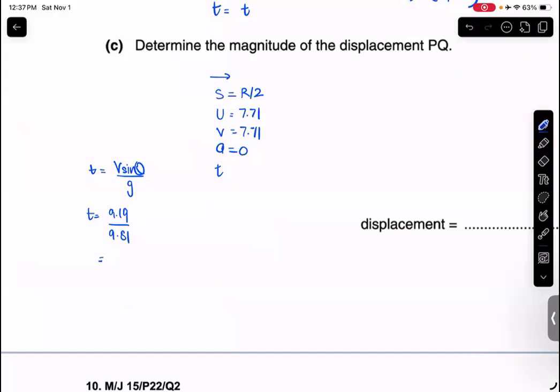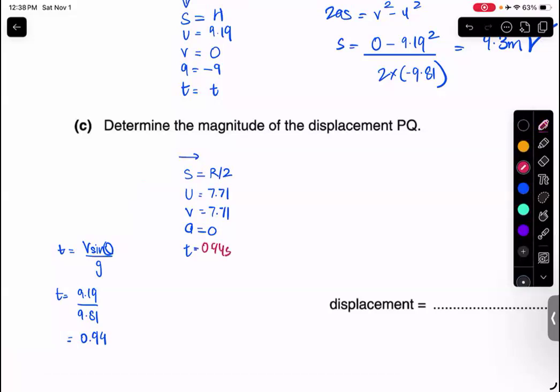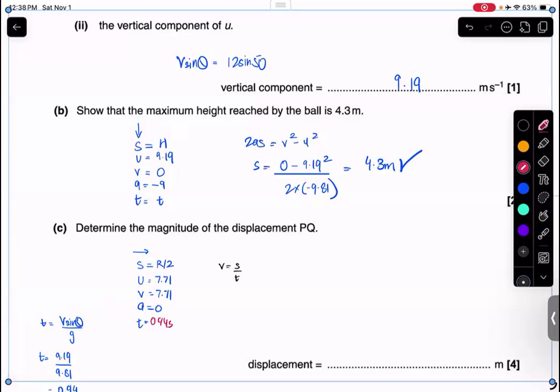So what is that? 9.19 divided by 9.81 is going to be 0.94. Okay, now we also have the time to reach half of the journey, which is 0.94 seconds. Okay, so V is equals to S over T, right? We want to find out S at the moment.